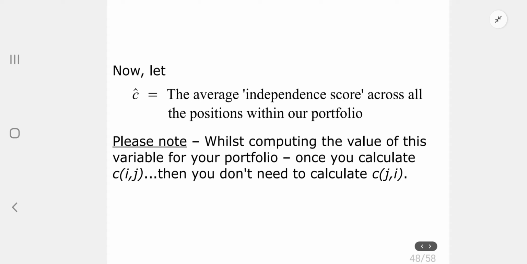Now let C hat equal the average independence score across all the positions within our portfolio. Please note, whilst computing the value of this variable for your portfolio, once you calculate C_ij, then you don't need to calculate C_ji.